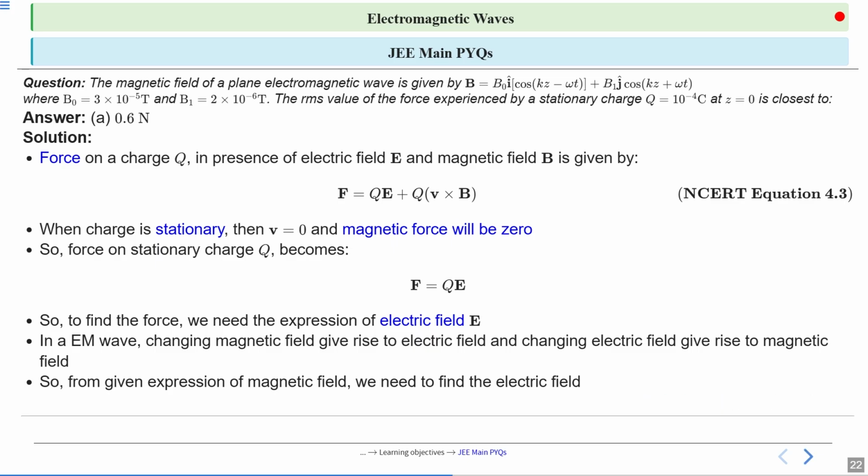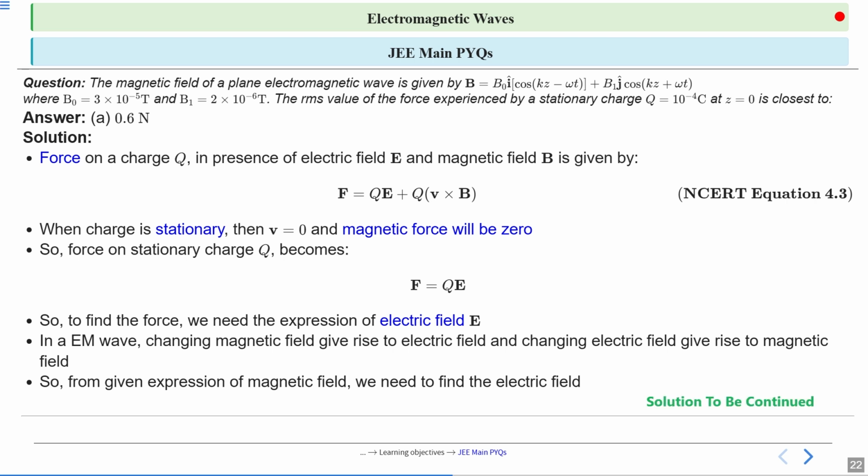The formula that we are using is for the Lorentz force. We have discussed this formula in the moving charges and magnetism chapter, which is chapter 4 of class 12th. So F is the Lorentz force on any charge moving with velocity V in a region of electric and magnetic fields, given by F equal to QE plus QV cross B. QE is the electric force experienced by that charge, and QV cross B is the magnetic force experienced by the charge moving with velocity V. So this combined force is the Lorentz force.